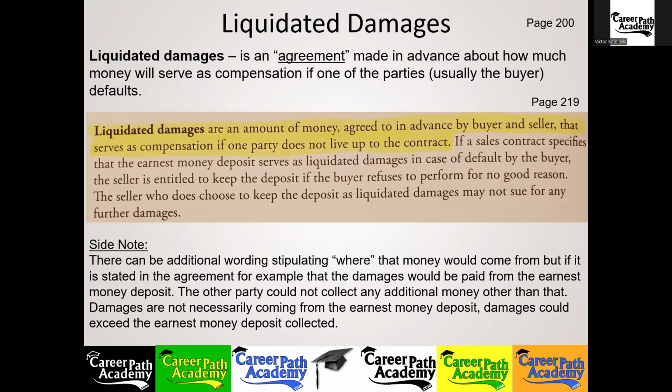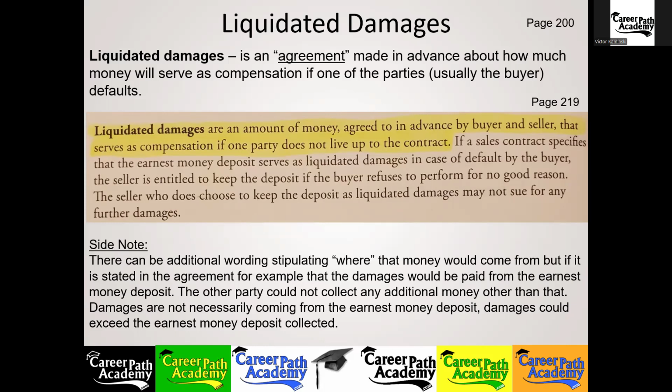So for example, in a contract you say in the event that the buyer breaches the contract, their security deposit's going to serve as liquidated damages. If you do say that, then that means that the seller can only claim the money as damages that was put up for the deposit.